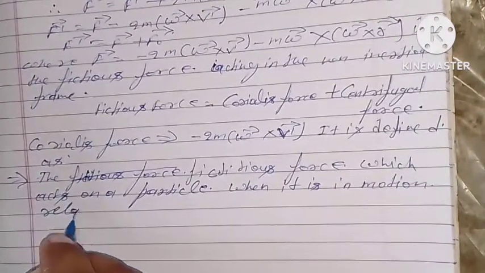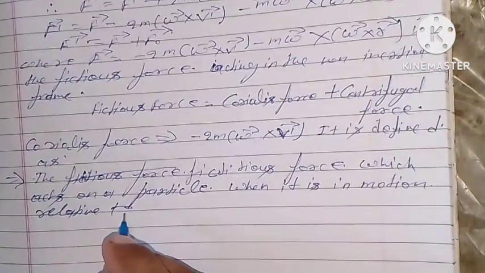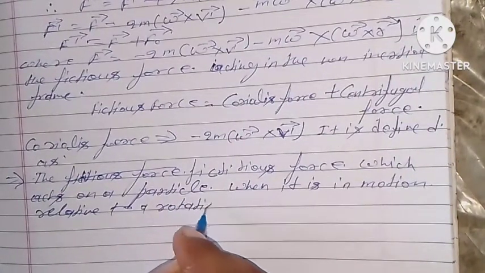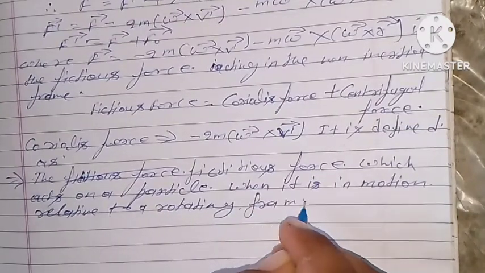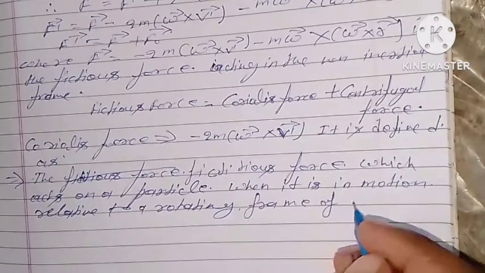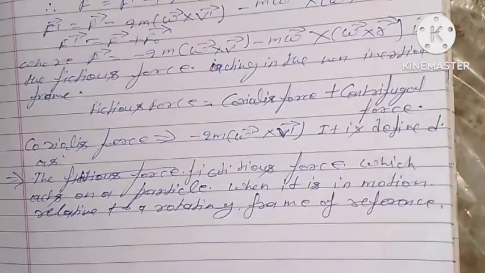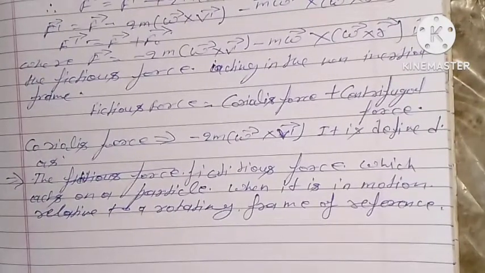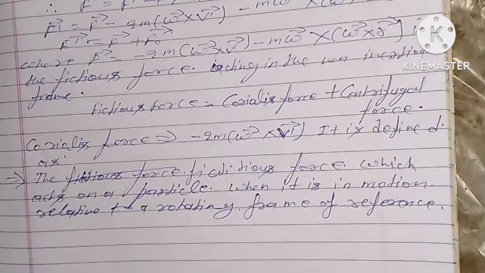It is proportional to the angular velocity omega of the rotating frame and to the velocity vector v dash of the particle relative to it.